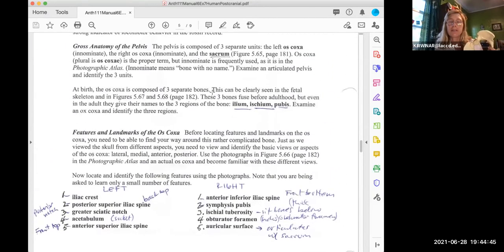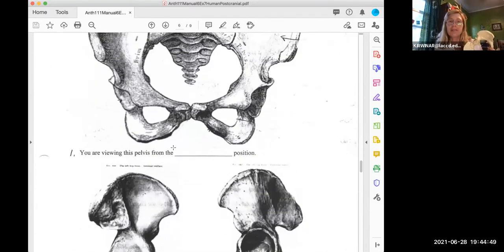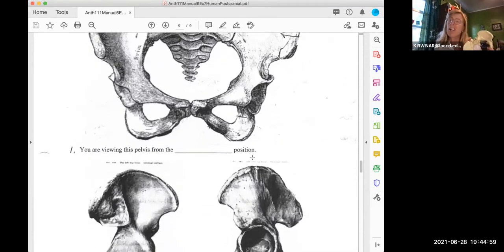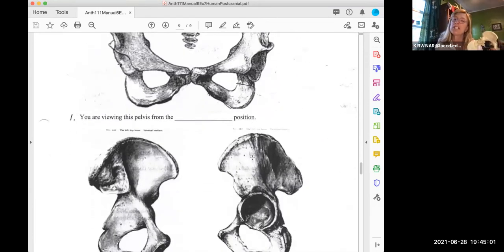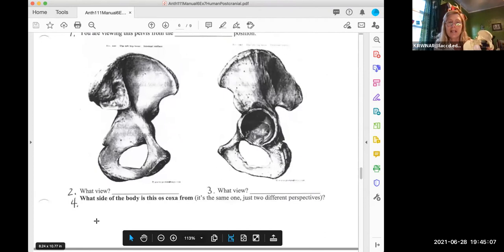We put in the anterior view the position of the pelvis in the middle of page 74, with a picture of three drawings of pelvi. That'd be plural for pelvises. All right, now the bottom drawings say what view, what side of the body is this os coxa from?